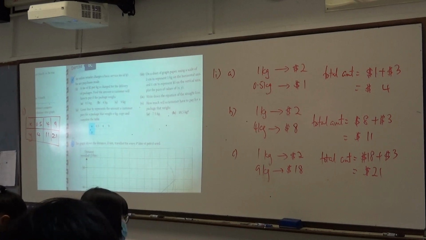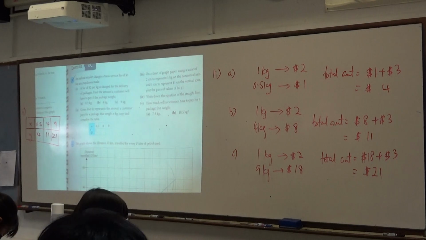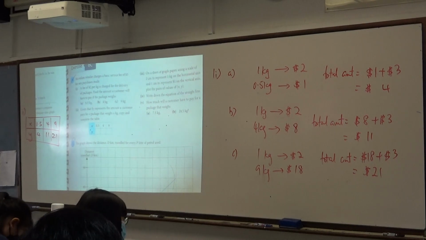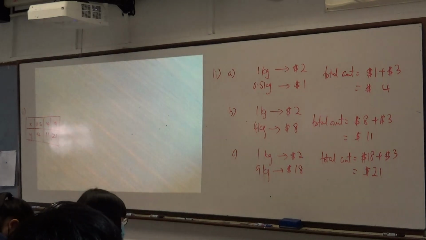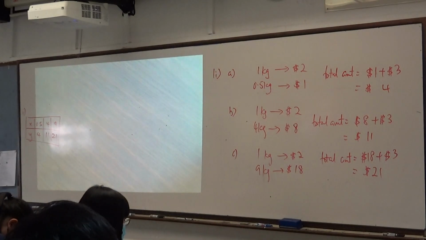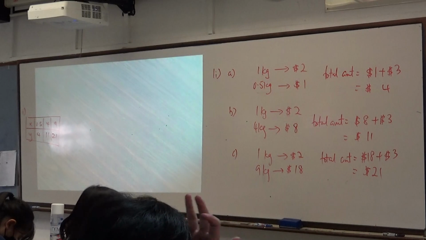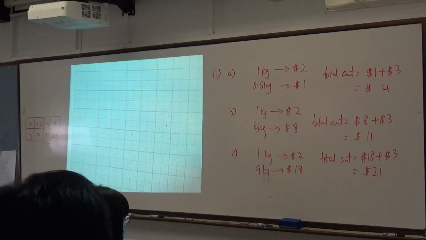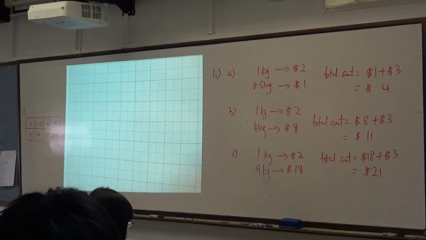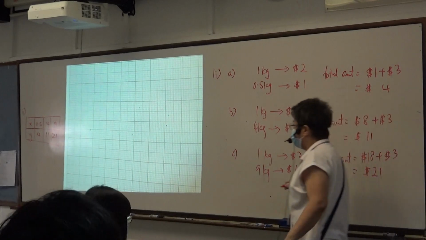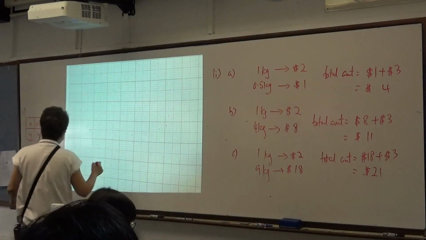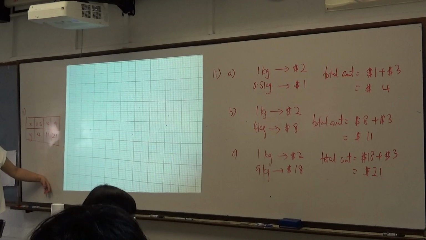The horizontal axis is what? 2 cm to 1 kilogram, right? And 1 cm to $1. This is what we have. This is your graph paper, am I right? Okay, all this along.